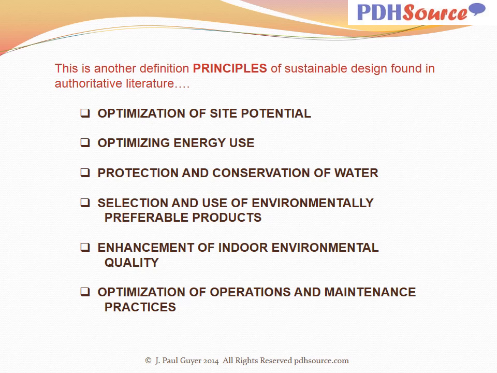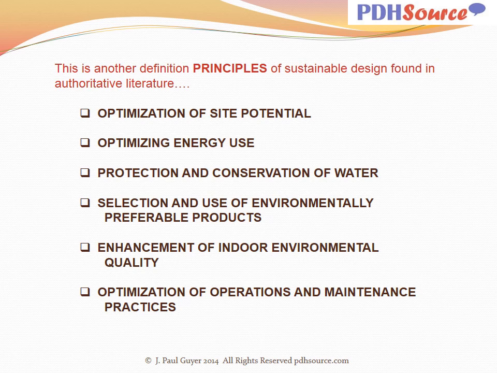Number 4 is comparable to that on the federal task force's list, selection and use of environmentally preferable products, the recycling business. 5, enhancement of indoor environmental quality. In other words, don't lose contact with your reason for designing the building in the first place.